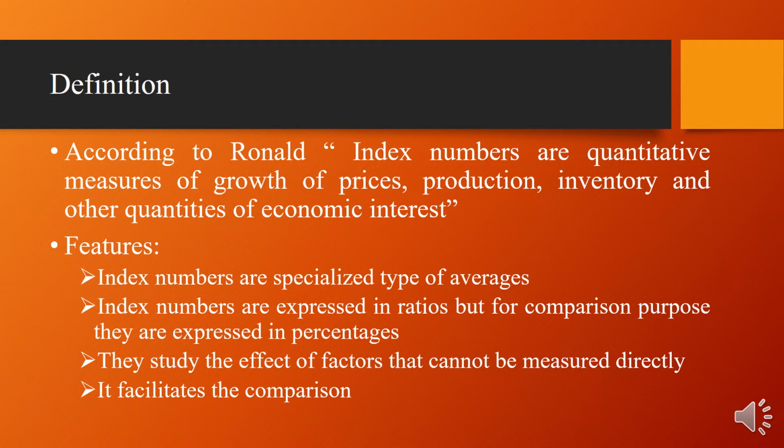Index numbers are expressed as ratios, but for the purpose of comparison they are normally expressed in percentage. See for example in the previous example, the wholesale price of vegetables between 2010 and 2019. Taking 2010 as the base, the index number was 140, which means it has increased by 40%. So normally index numbers are expressed in percentages.